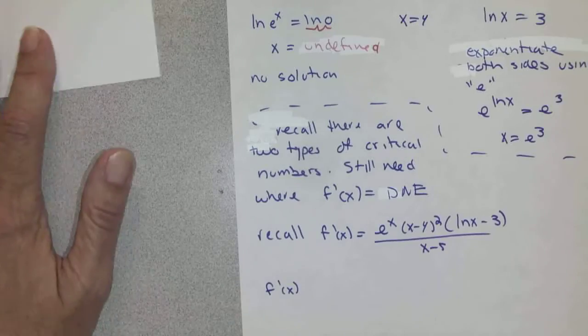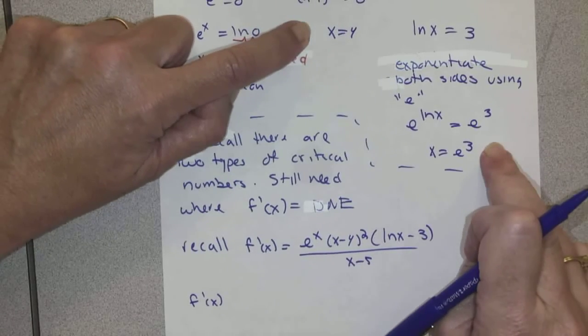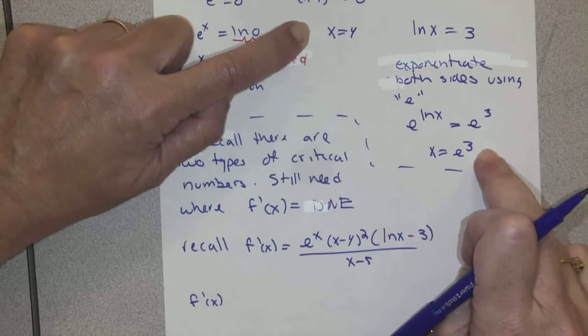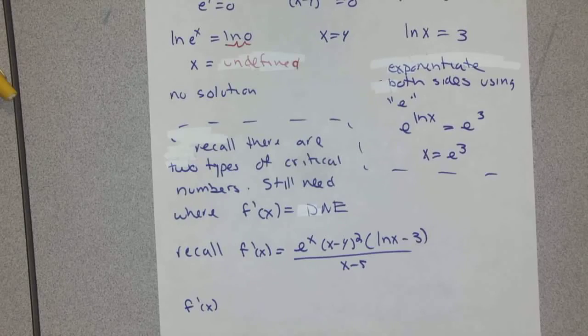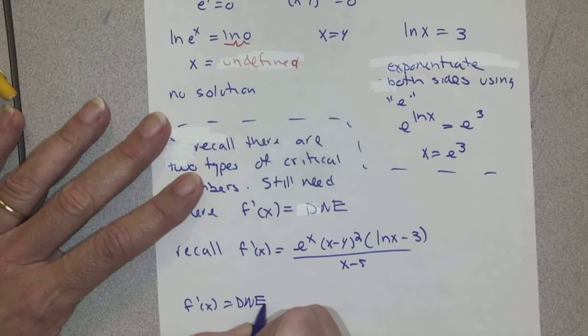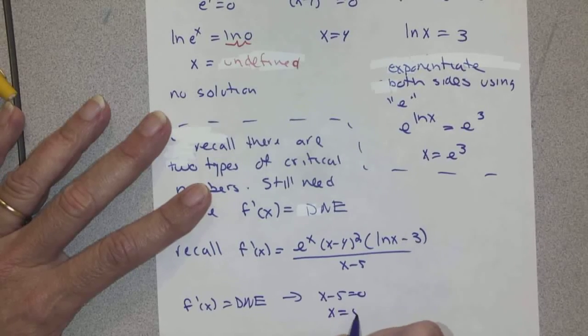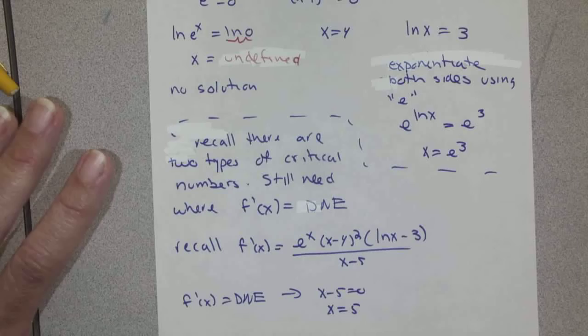We still need where f prime of x does not exist. There are two types of critical numbers: where the derivative equals 0, we found those, 4 and e cubed, and then where the derivative doesn't exist. In this case, f prime doesn't exist where that denominator is 0, and so I'd get 5.